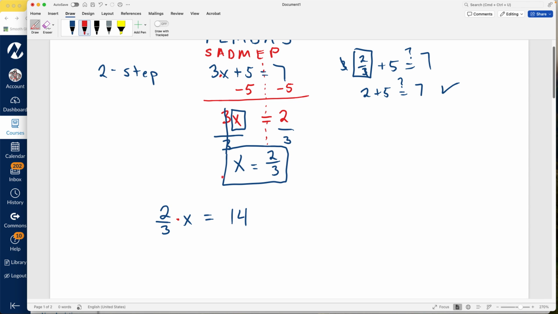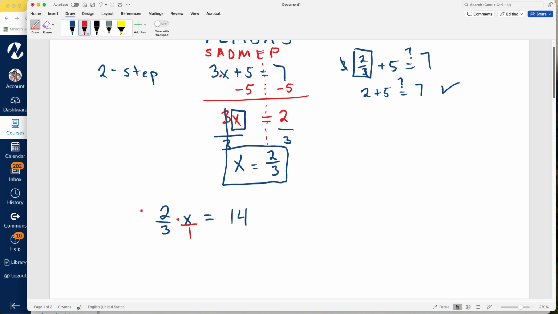But when I've got a fraction, what does the 2 do to the x? Good. We could put the x over 1, look at it as a fraction. So we're going to multiply by 2, and then what are we doing with the 3? We're dividing. So that's why I can look at this as a two-step, right?